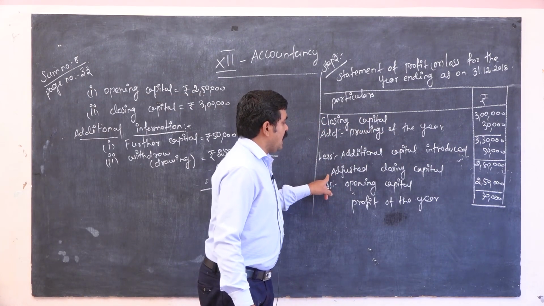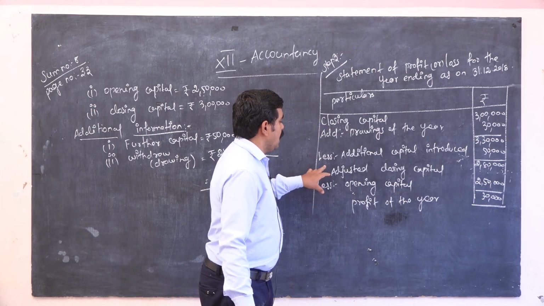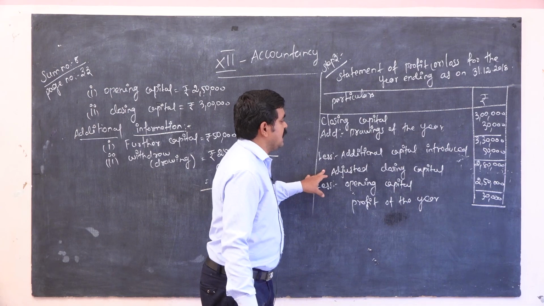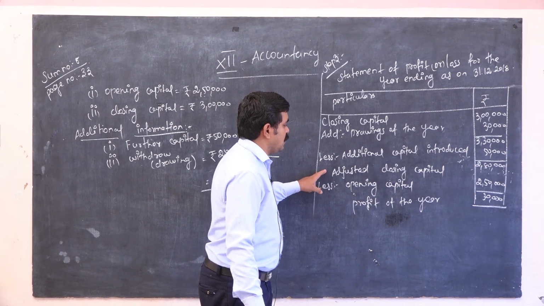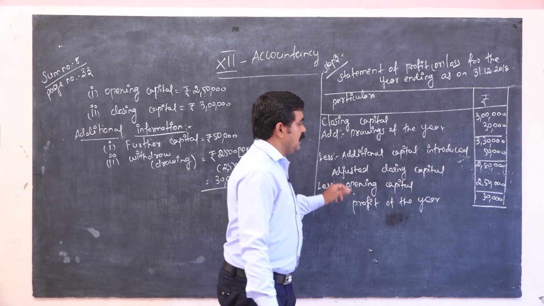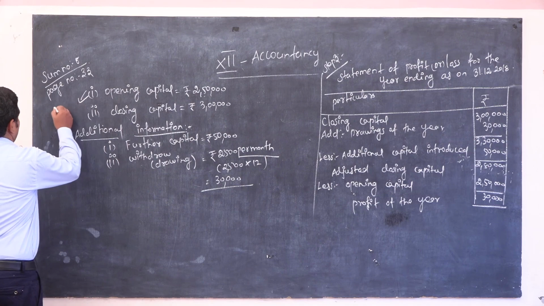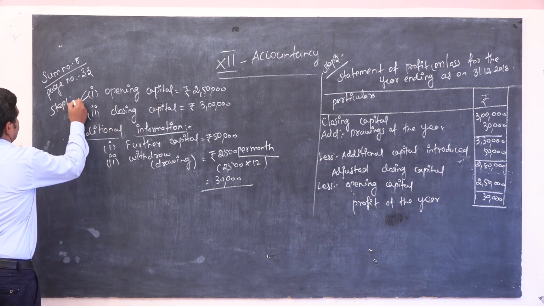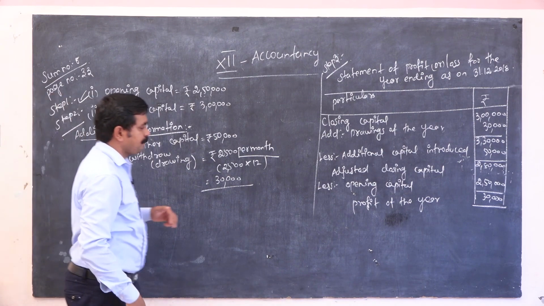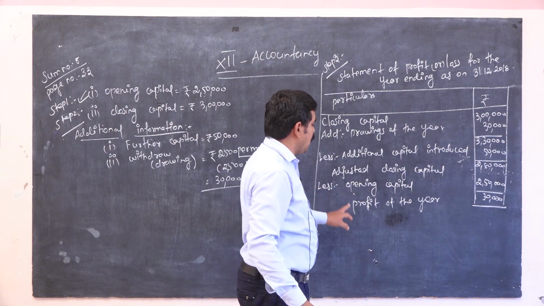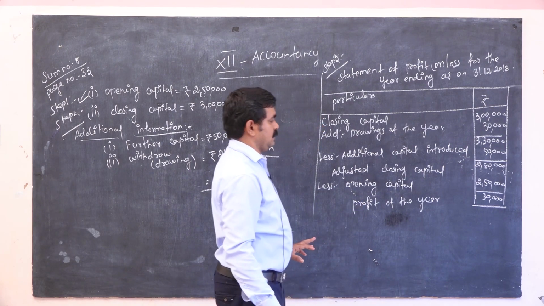Next, this is the adjusted closing capital. Then you have to subtract from this adjusted closing capital the opening capital, already calculated in step number 1, 2,50,000. Now you will get the profit of the year.